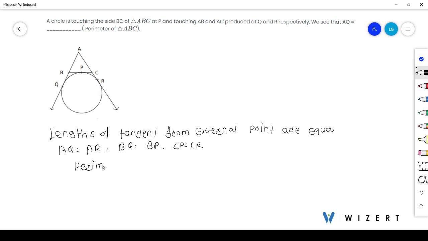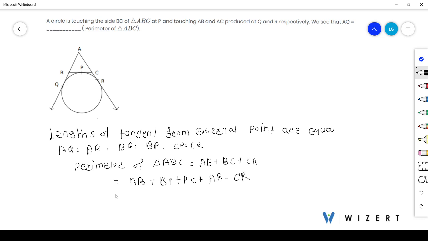As the perimeter of triangle ABC is the sum of its sides, means AB plus BC plus CA. So AB is as it is, plus BC, means BP plus BC, plus this CA is AR minus CR.